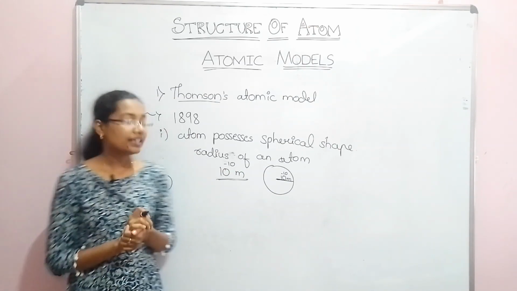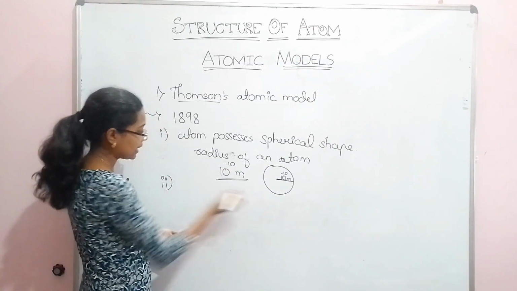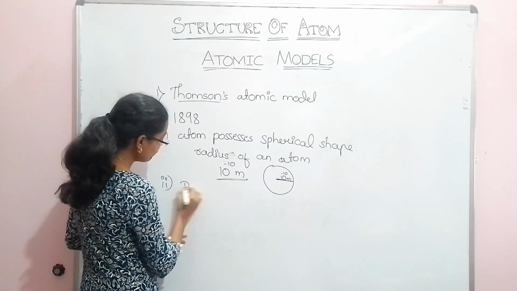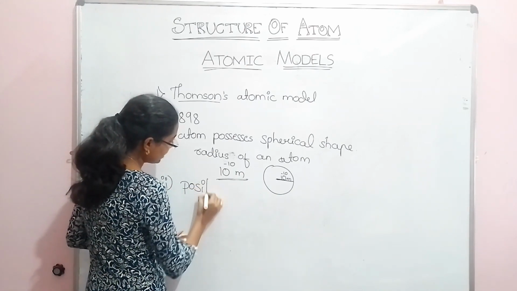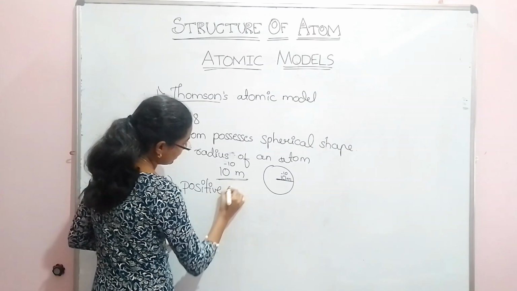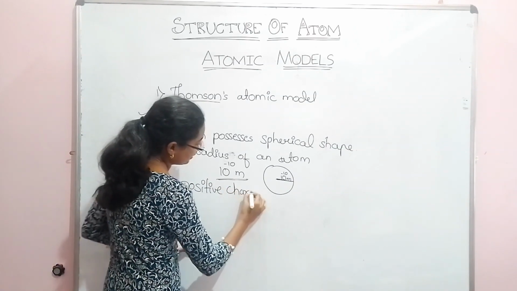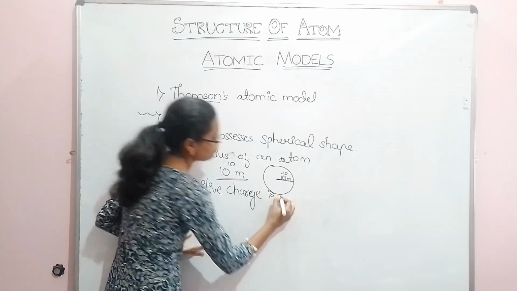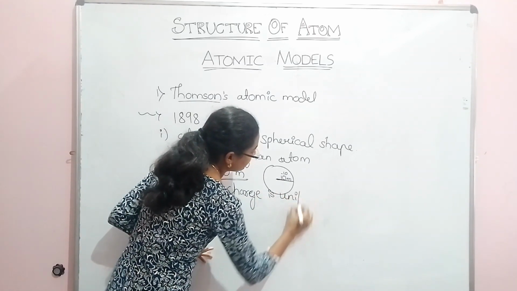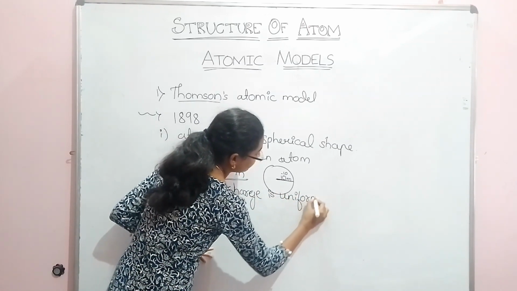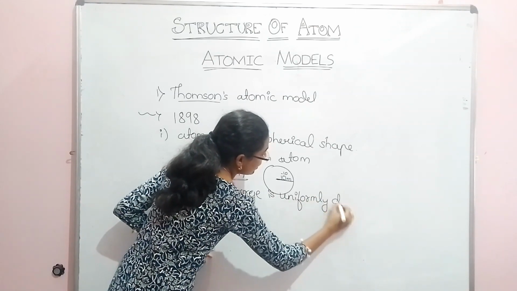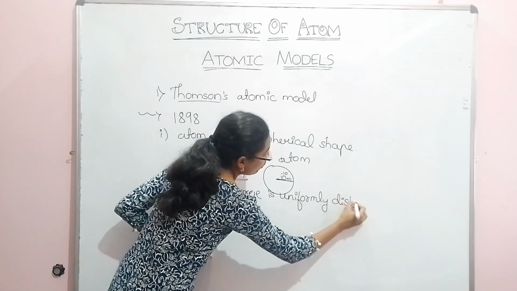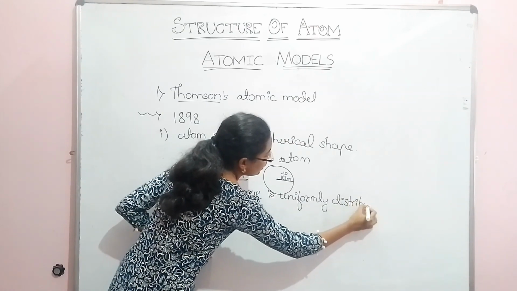And the next one, the second one: positive charge is uniformly distributed all throughout the atom.